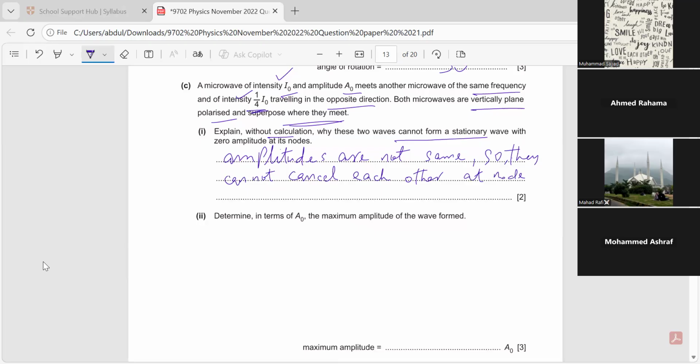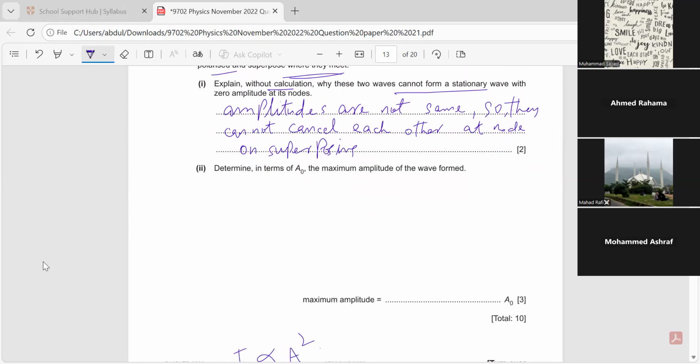At node, there should be amplitude 0. So one is more, one is less. When they superpose, the answer will not be 0. So they cannot cancel out each other at node when they superpose. Better was to write when they superpose. Okay.